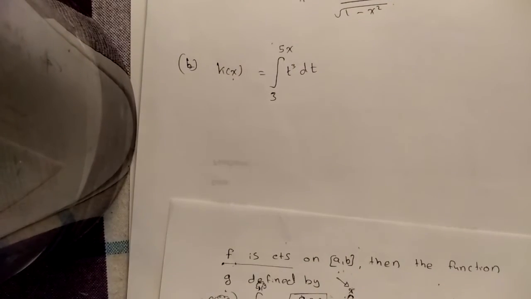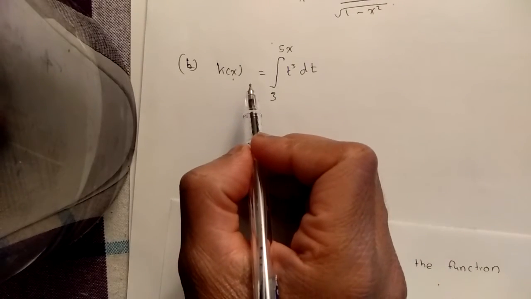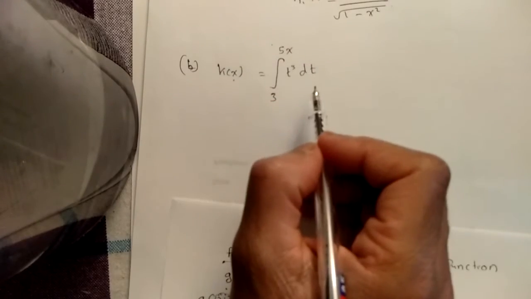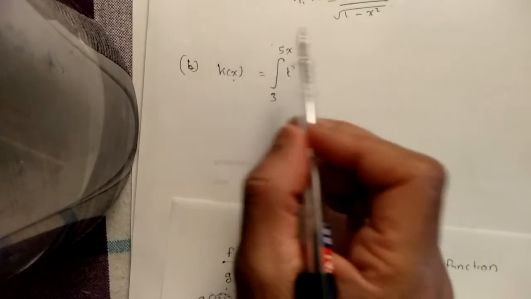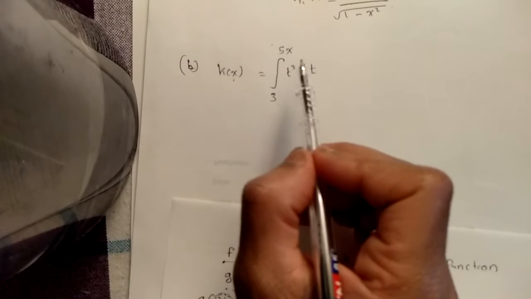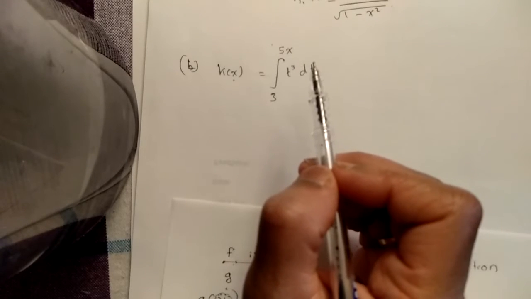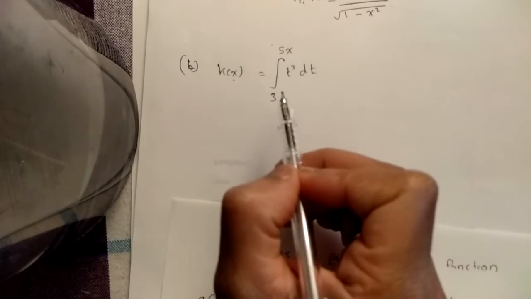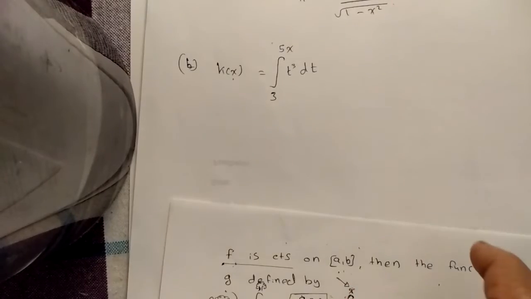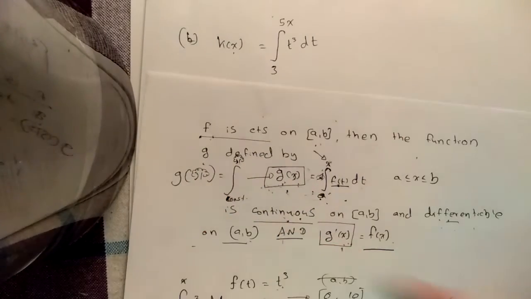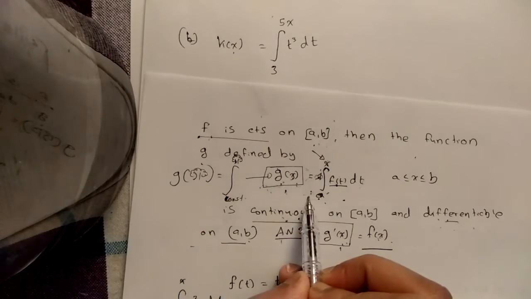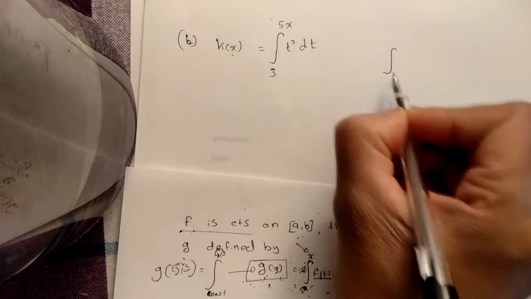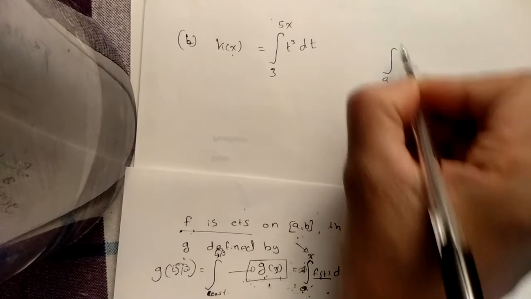So how can we alter this problem, or how can we make some changes to this problem in a way that we can use the fundamental theorem? Here again we can use the chain rule. Now see, in the fundamental theorem we can rephrase the theorem like this.